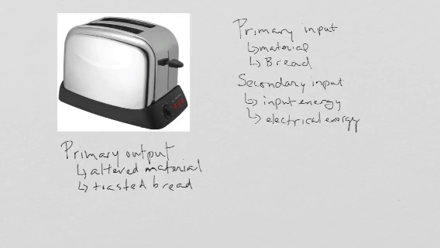Now, in terms of secondary outputs, notice how I pluralized that, because there's always several secondary outputs. Secondary outputs can take two forms. They can also be material, so any additional material made that is not part of the purpose of the machine.